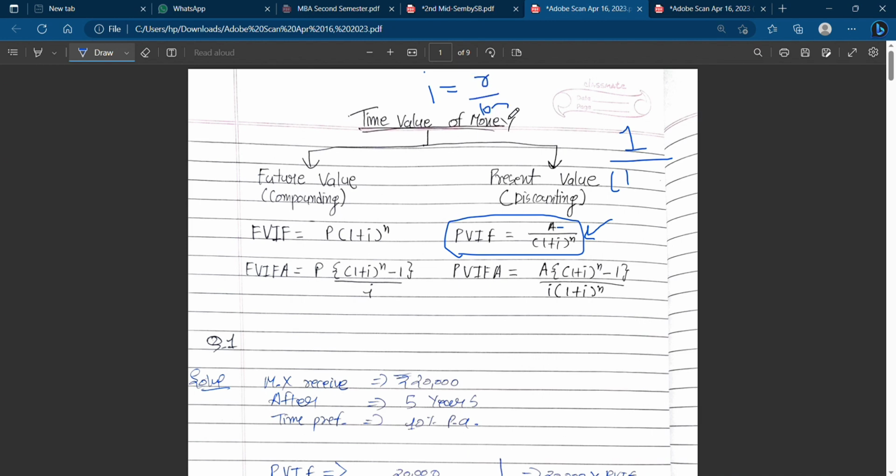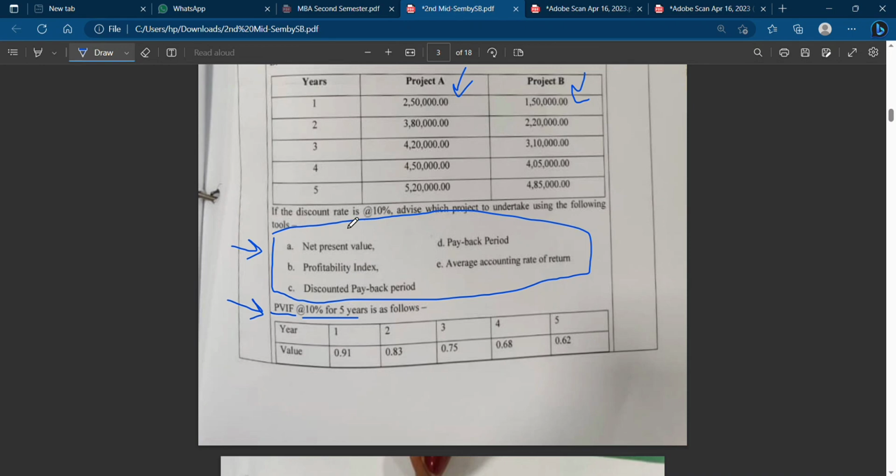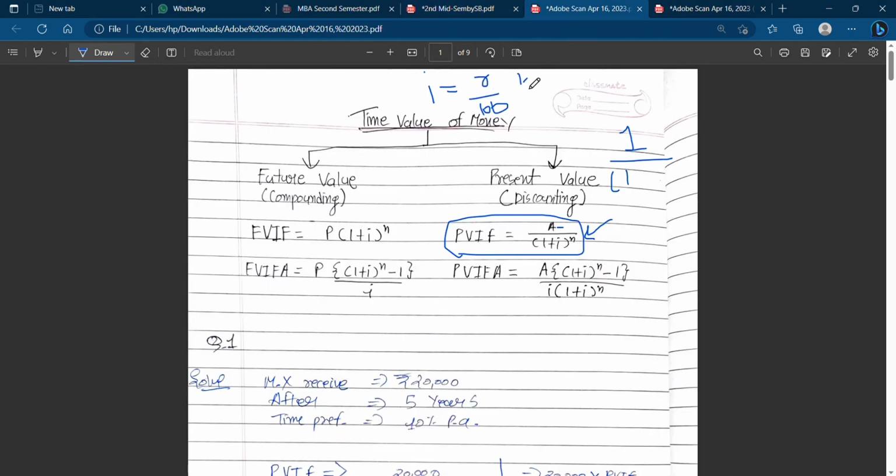In the question the rate given was 10%, so 10 divided by 100 gives 0.1. So i is 0.1, and 1 plus i means 1 plus 0.1. The power n means the number of years.